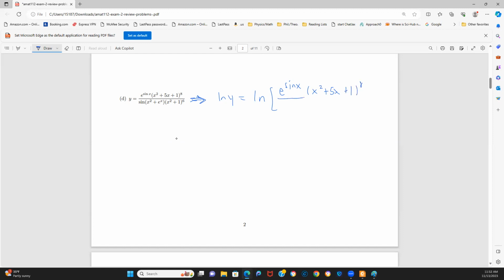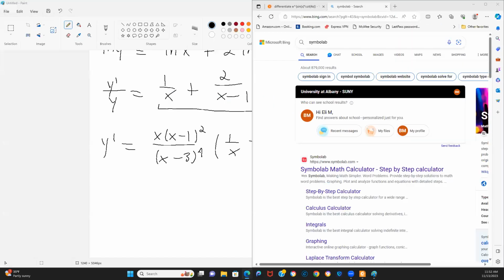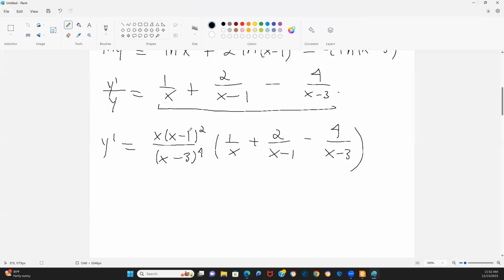Actually, you know what? I'm going to use Paint again because using drawing on this PDF is kind of annoying.